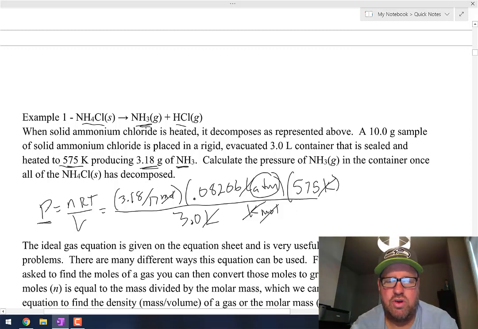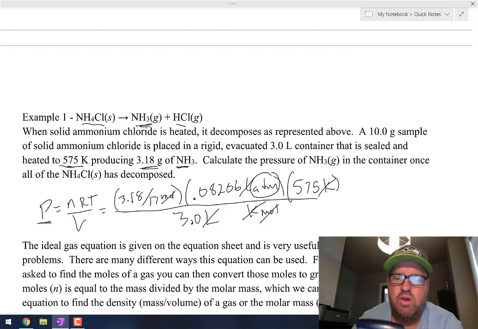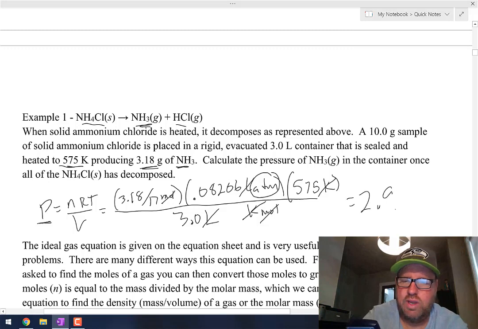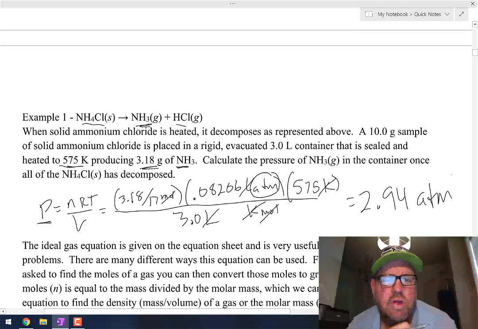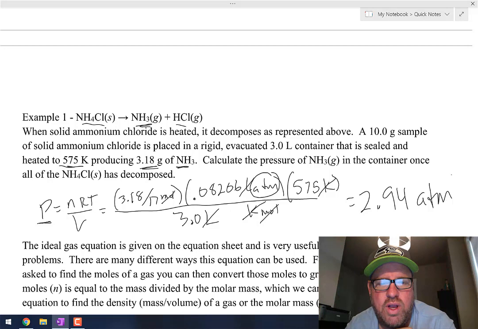So now I can just go to my calculator, and I can go 3.18 divided by 17, and again it says 0.187, don't care, times 0.08206 times 575 divided by 3.0 equals 2.94 atmospheres. Okay, and that is just a basic average ideal gas equation type question.